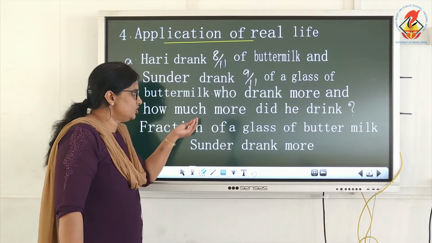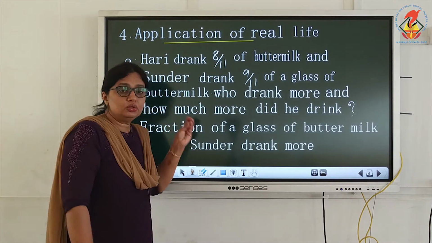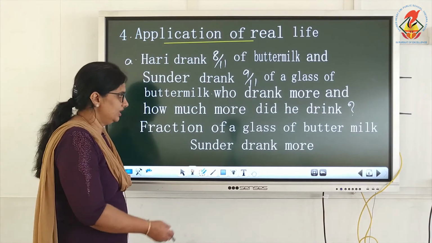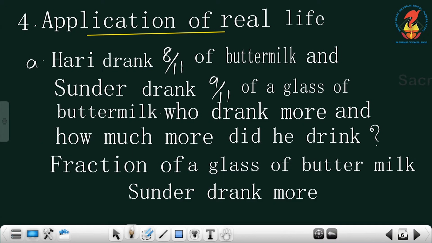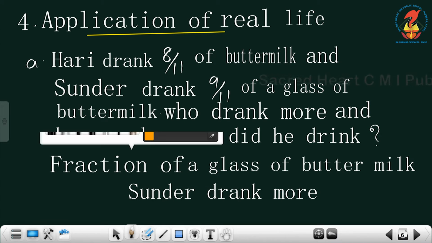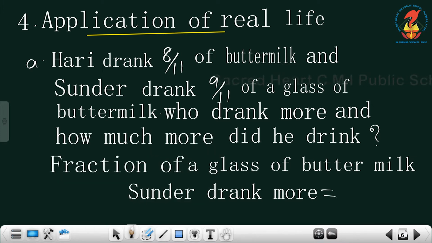The fraction of a glass of buttermilk Sundar drank more equals how much? How can we find this? Find the difference between 9 by 11 and 8 by 11.